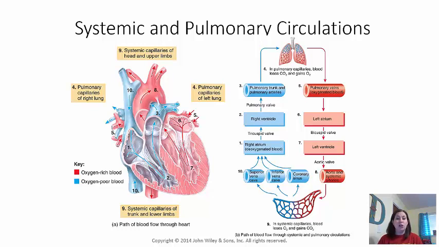If you look on the left side of your screen, you'll see that it's in picture form. It's showing you where blood starts with number 1 in that right atria and how it travels through. And in words over here, you can see that they correspond with the structures in the same way, but it's more in a flow chart. These are 2 different ways to help you be able to study how blood flows through the heart and the systemic and pulmonary circulation.